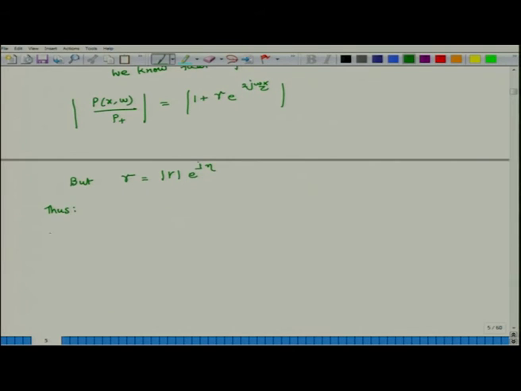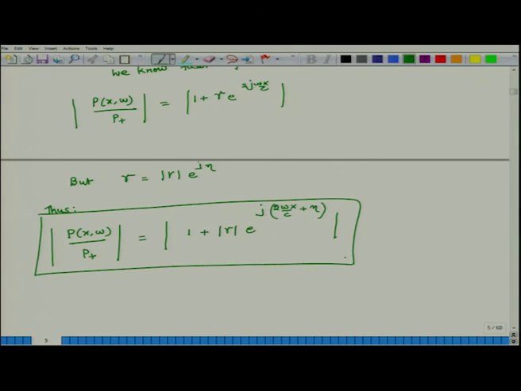Thus, the modulus of P of x, omega divided by P plus equals the modulus of 1 plus the modulus of gamma times e to the j times 2 omega x over c plus eta, and the entire thing I have to take a modulus of.